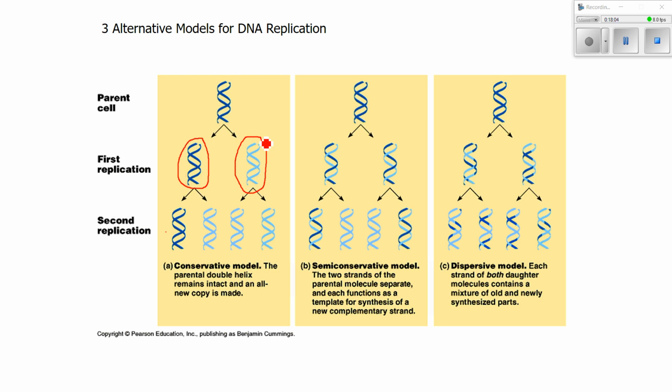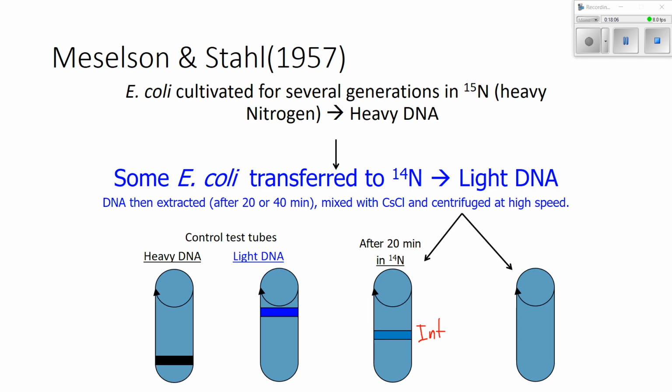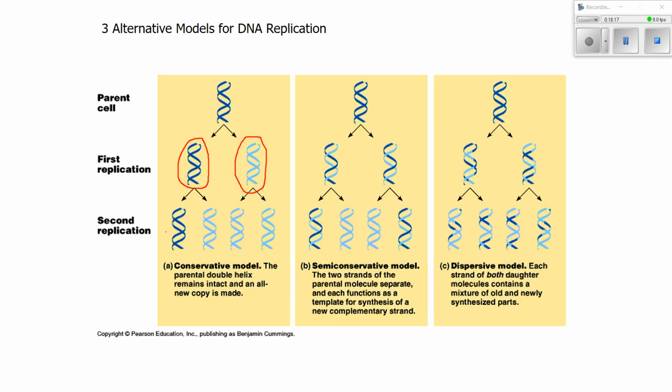So if the conservative model is correct, instead of getting one band in the middle, they should have gotten a light band, and they should have also gotten a heavy band. But they didn't. So what that meant was they could rule out the conservative model. There's no way the conservative model is correct.